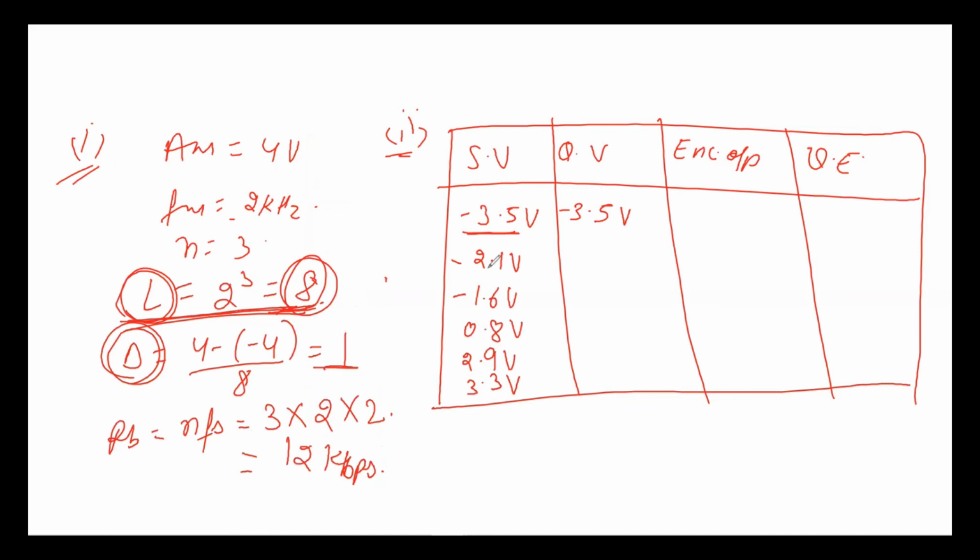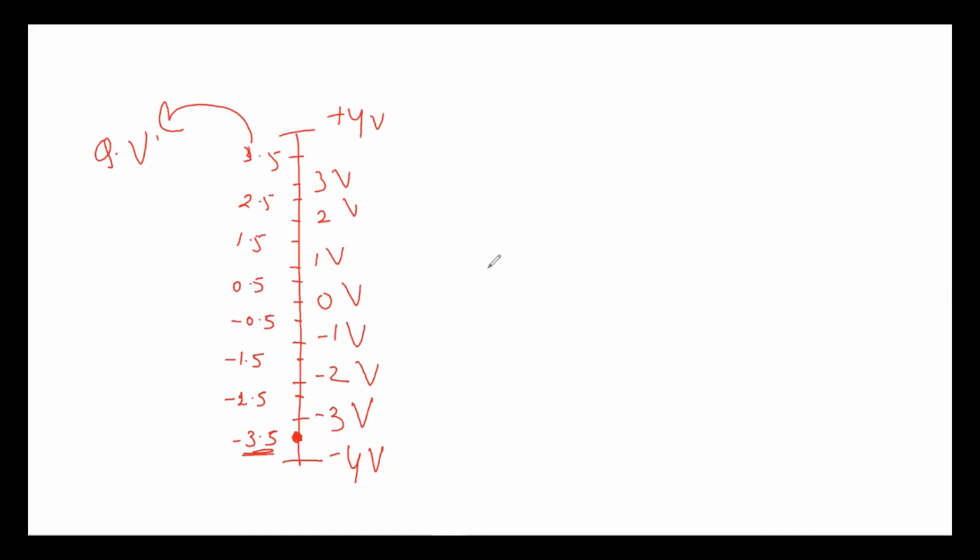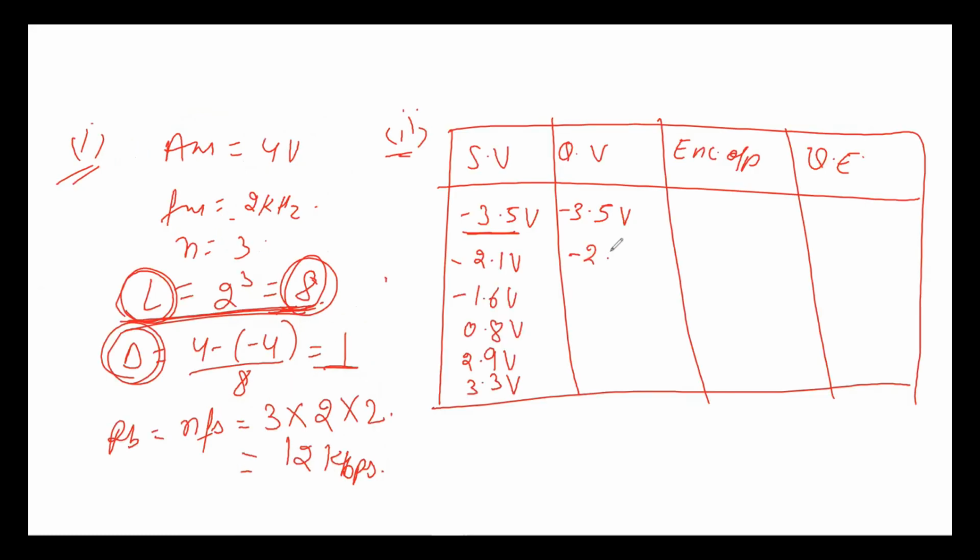So minus 2.1 volt will lie here, so the nearest quantization voltage will be minus 2.5. So in this way, you can find the quantization voltage. Here I am writing down, you can check.